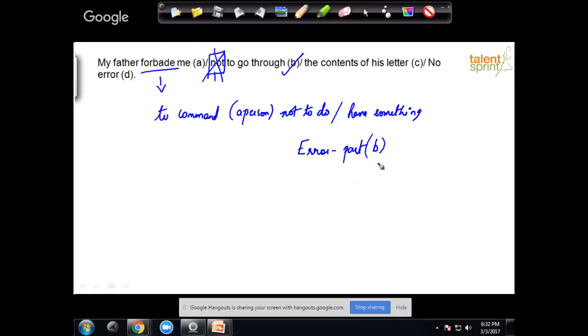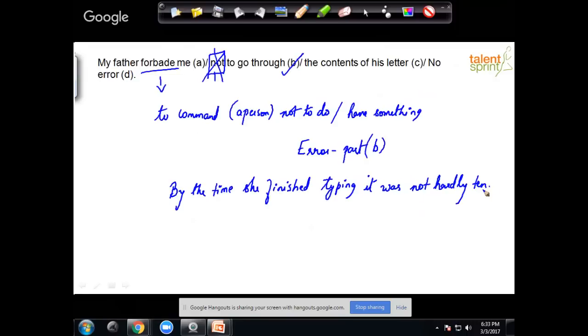You can forbade someone from doing something. Yes, that is also correct. But I'm saying the rule is you need to avoid double negatives, right? When you have words, see, for example, if I say by the time she finished typing, it was not hardly 10, right?